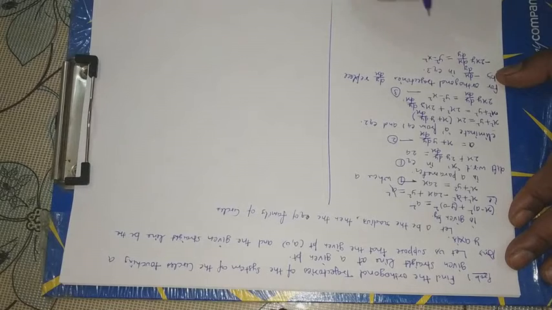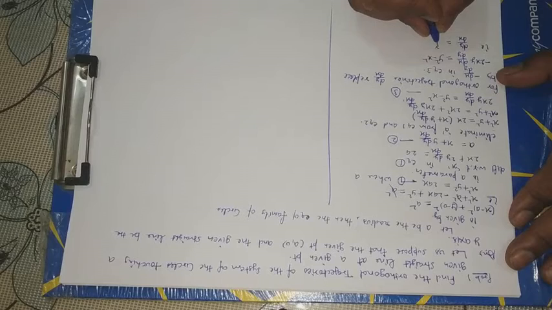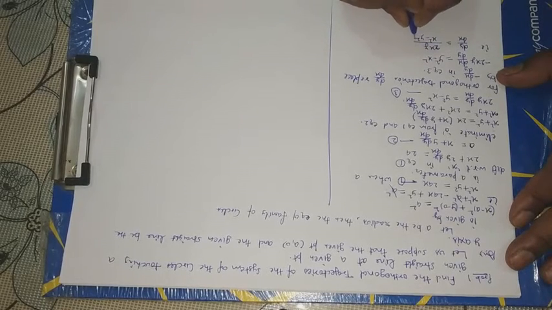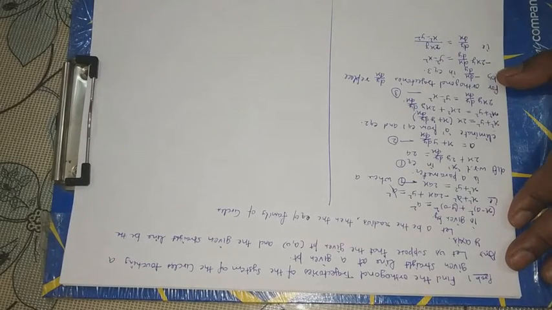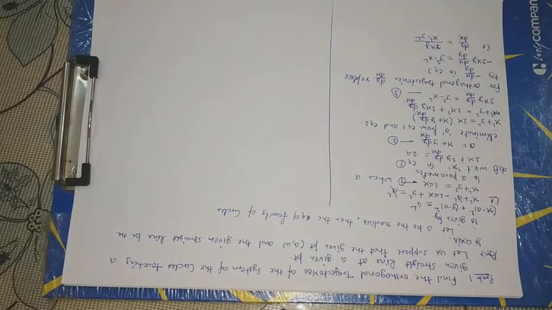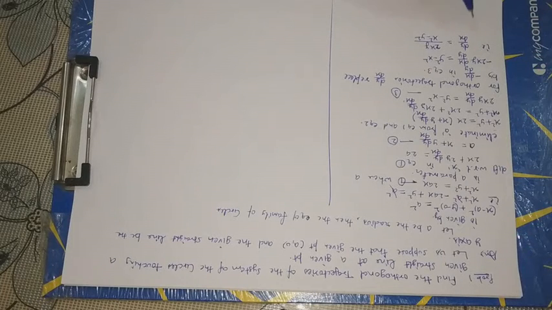Now we can write dy/dx is equal to 2xy upon x square minus y square. Okay student, now we can say this is a homogeneous differential equation of degree 2.